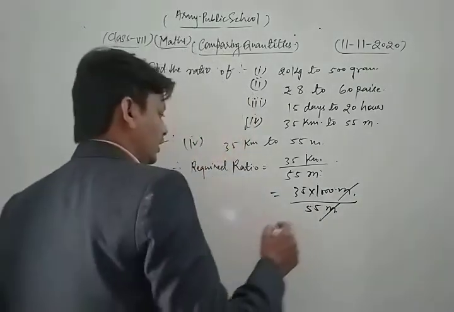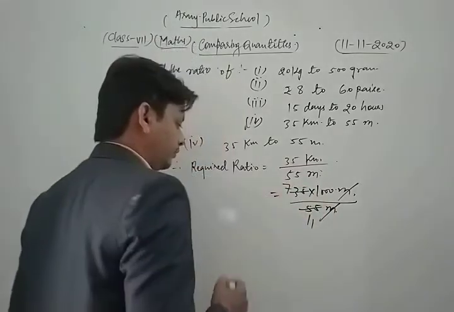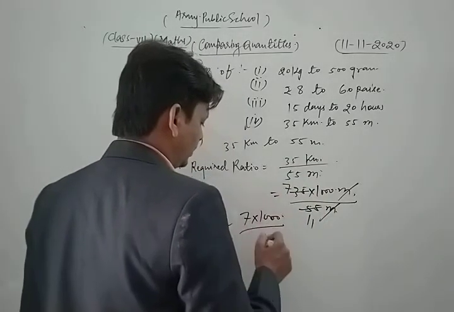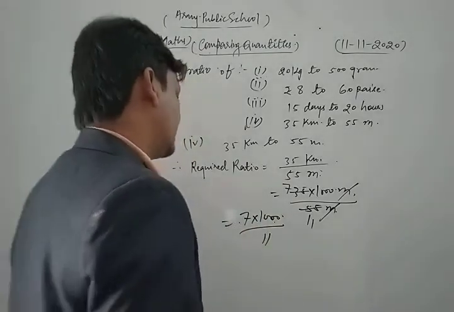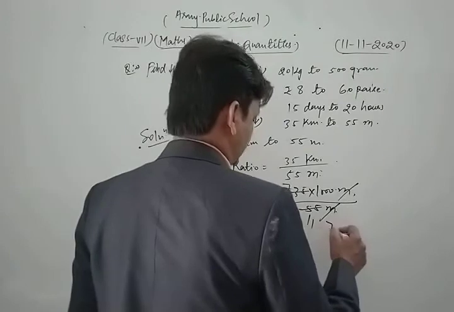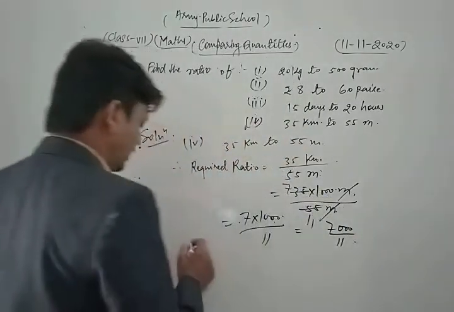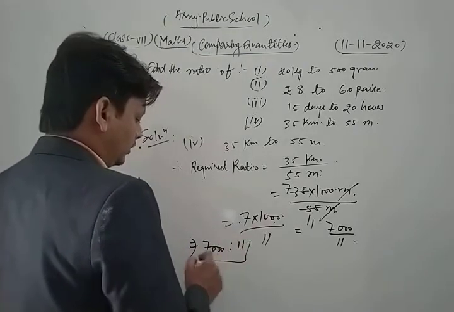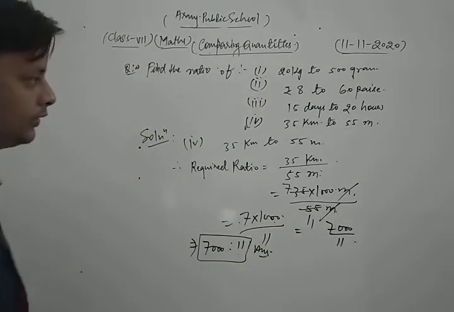So we get 5 under 5, 5 sevens are 35, and 7 into 1000 upon 11, that is 7000 upon 11. Thus the required ratio will be 7000 ratio 11. This is our required solution of the given question.